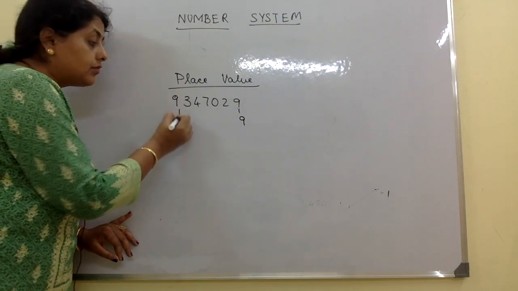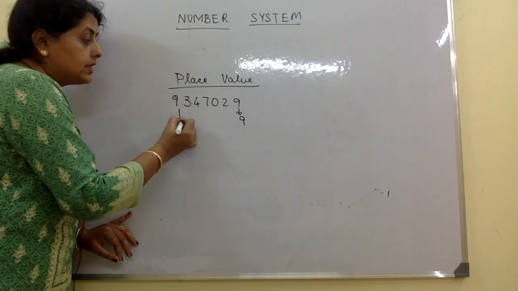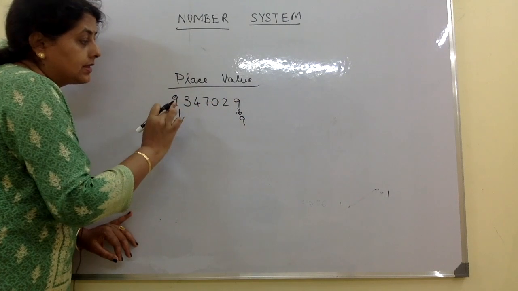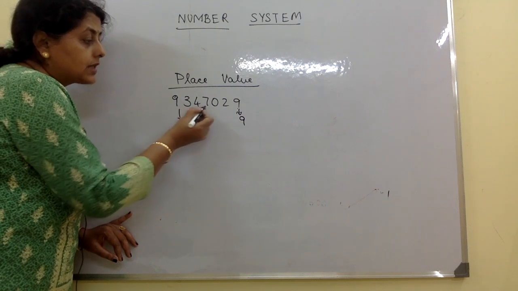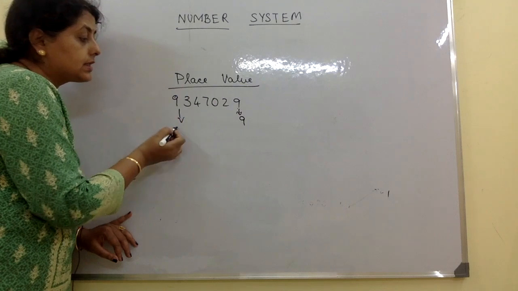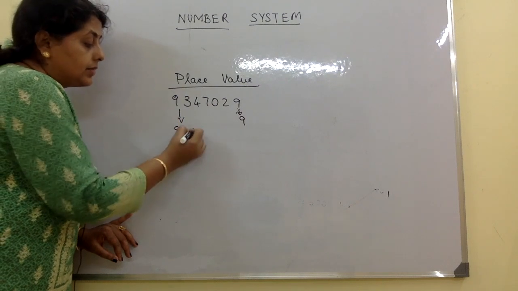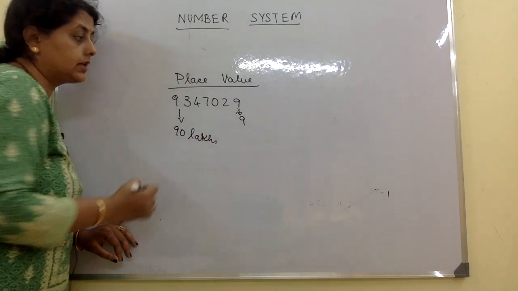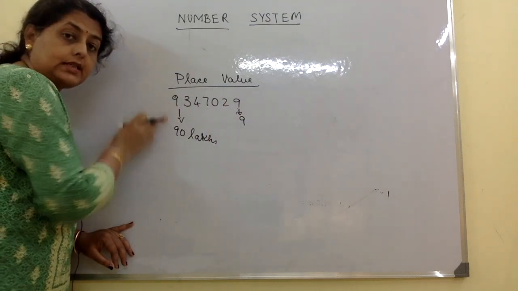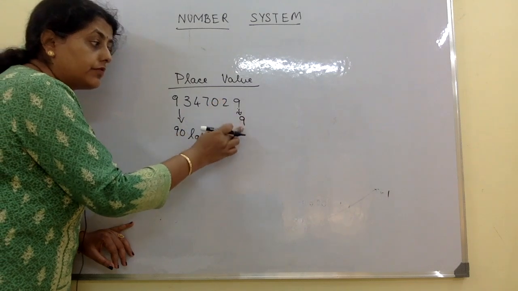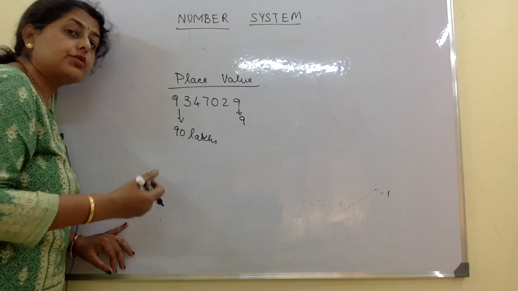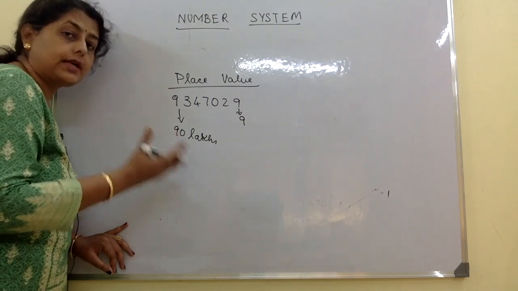The place value of the 9 here, see, 1, 2, 3, 4, 5, 6, so this is 93,47,029. This is 90 lakhs place value of this 9. Though both of them are 9s, the place value of this 9 is 90 lakhs. The place value of this 9 is 9 only. It depends on the place, how much value that digit carries.